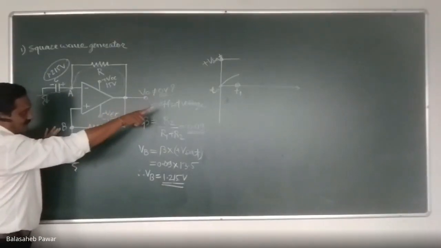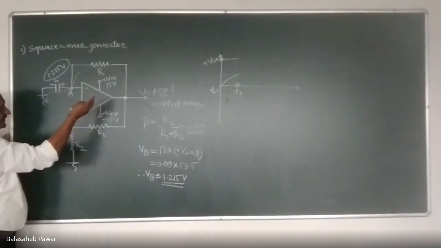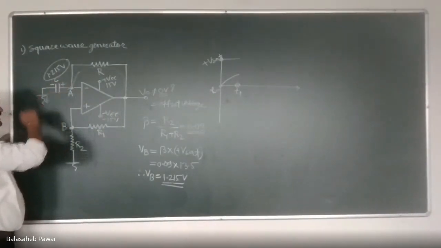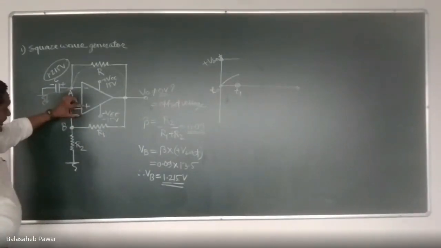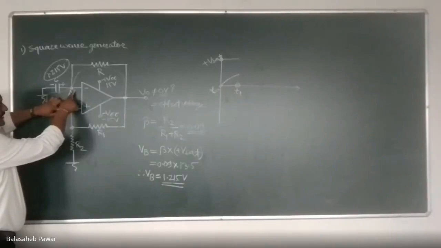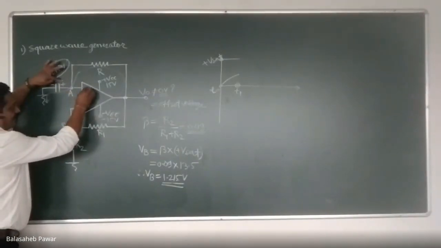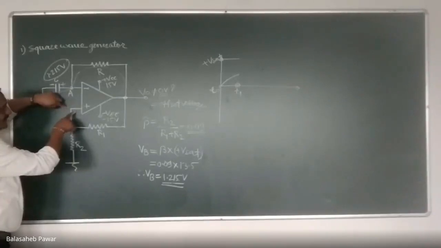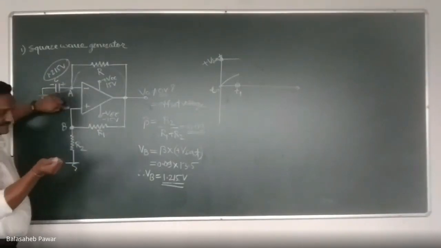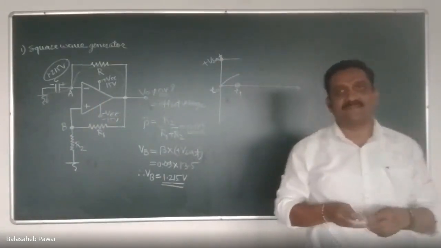So as the output goes to 0 at t equals T1, both input terminals are equipotential due to the charge held by the capacitor. Now, the non-inverting terminal is at 0 potential at t equals T1, while the inverting terminal is at how much potential? That is the positive charge held by this capacitor. That means the inverting terminal is positive and the non-inverting terminal is at 0 level. Are you agreed with this? At t equals T1, what is happening?